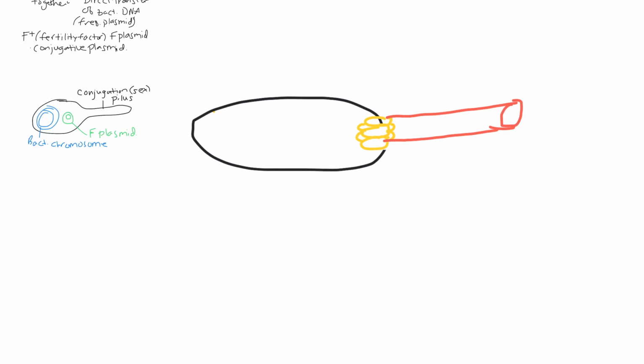And this pilus part is the part that retracts and builds, so it can get longer and shorter when it contacts the other bacterium. And just so you don't get confused, what we're looking at is the bacterial chromosome, and then this is the plasmid, like I drew in the previous schematic.